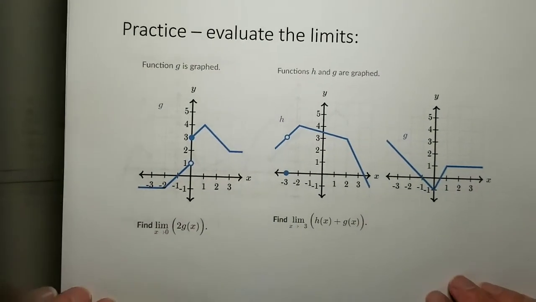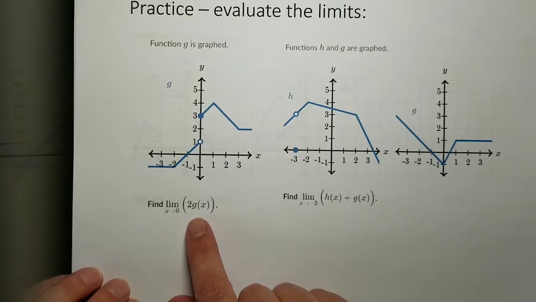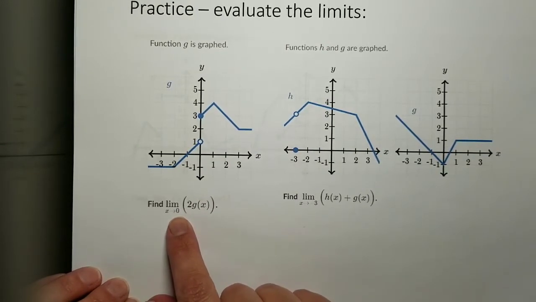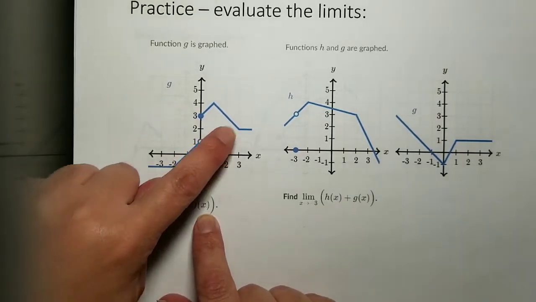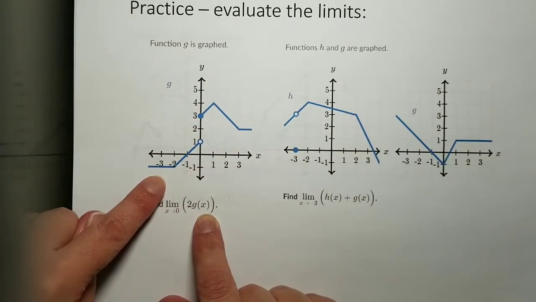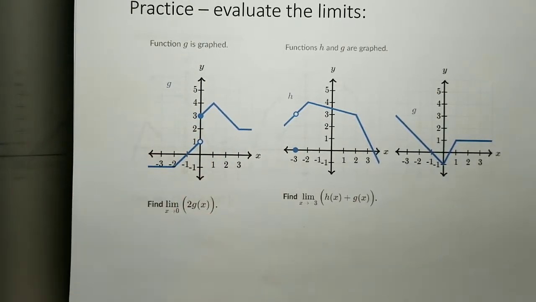Okay, so for the first one here, we want to find the limit as x approaches 0 of 2 times g at x. This blue function above is a graph of g at x. So we're going to take a look at what that would mean.